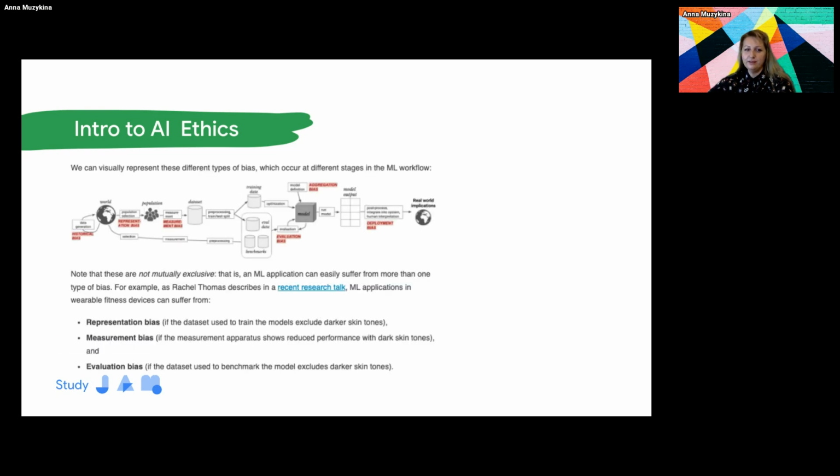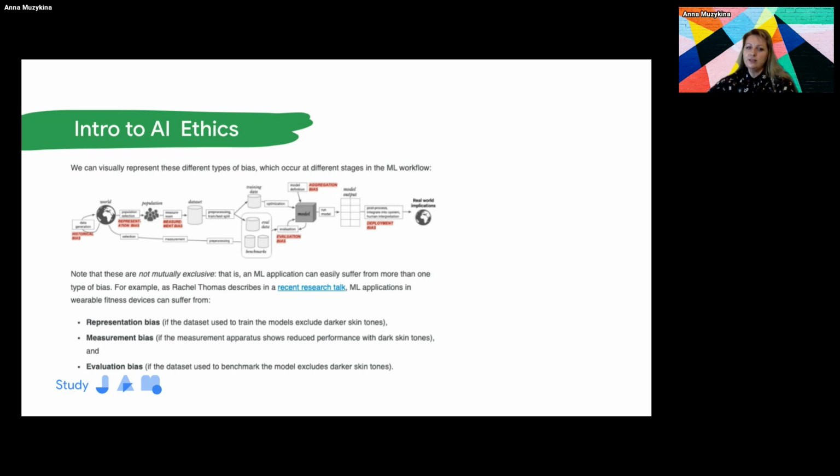AI ethics is about creating a framework to ensure that AI is developed and used responsibly. It involves thinking critically about potential harms, ensuring fairness, being transparent, and designing AI with people in mind. It's about how to make sure that AI is helpful and not harmful.